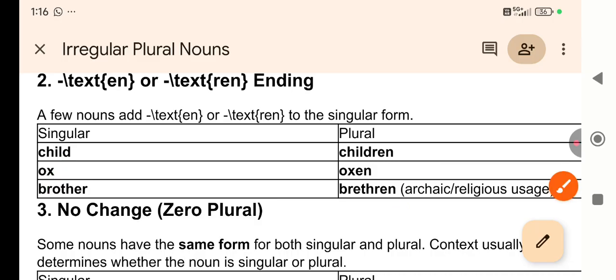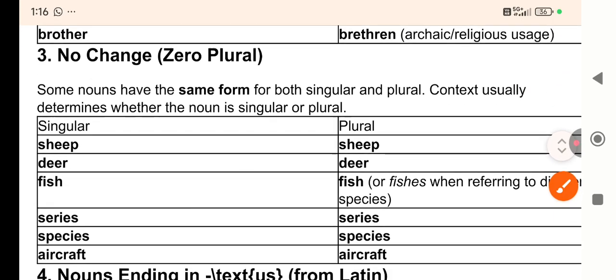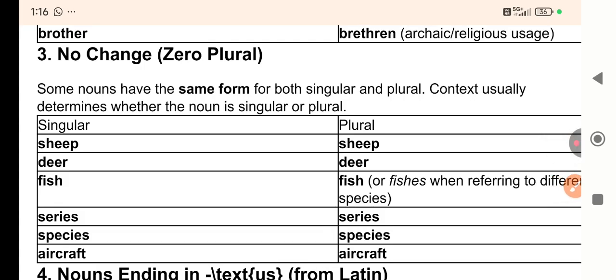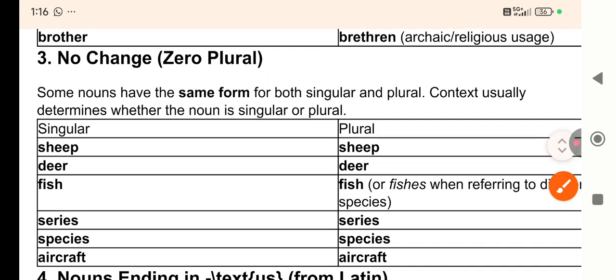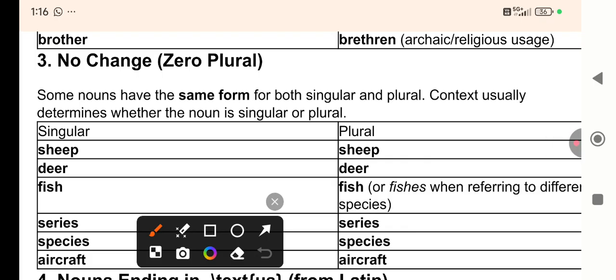Now the third rule is no change, zero plural. It is called zero plural because the form of some nouns does not change. Some nouns have the same form for both singular and plural.